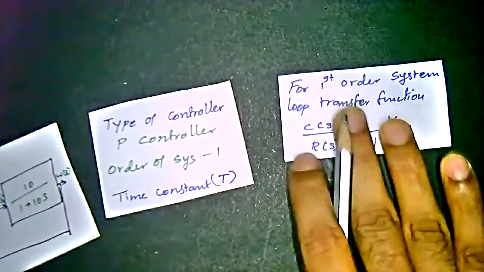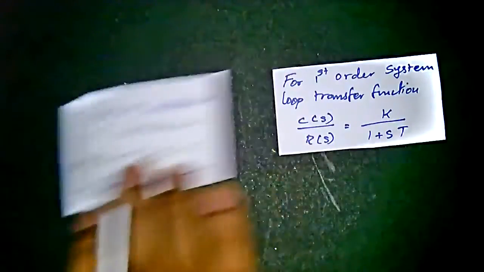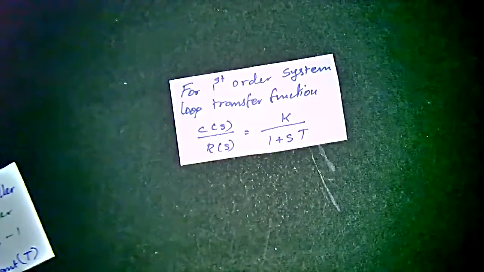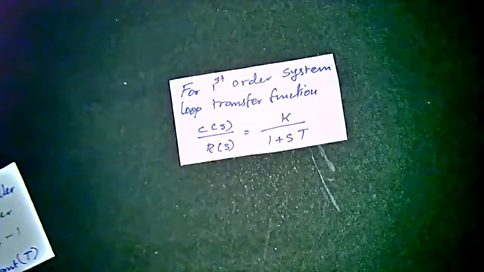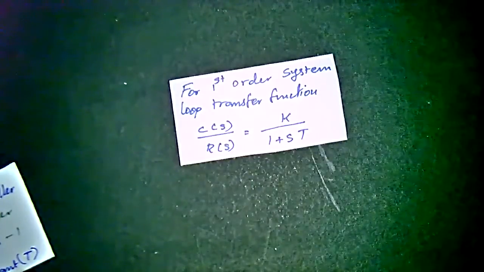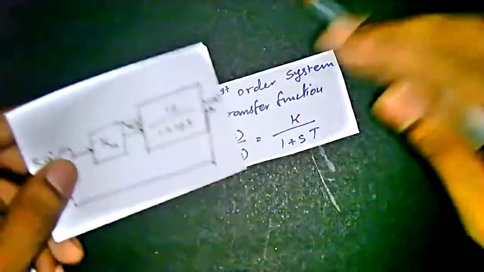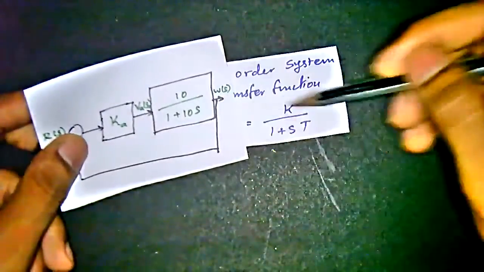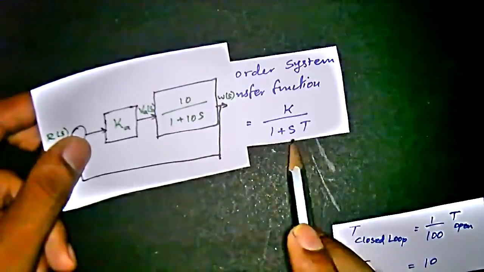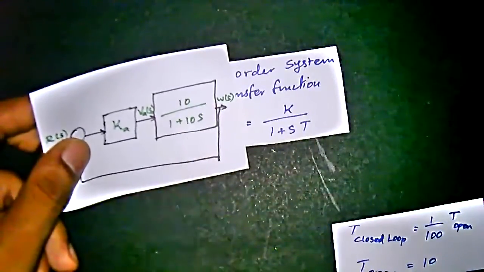For a first order system, the loop transfer function can be written as C(s)/R(s) = K/(1+sT). By comparing this term to the given term, we can say that sT = 10s, so T = 10.